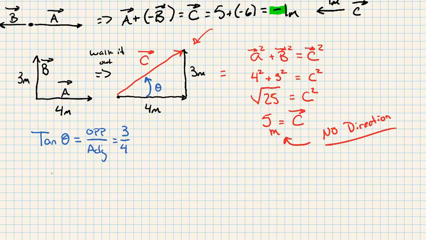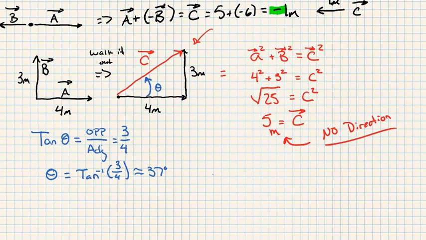And so if we want to get the actual theta value, we do the arctan, or the tan inverse, of 3 over 4. And that's approximately equal to 37 degrees.